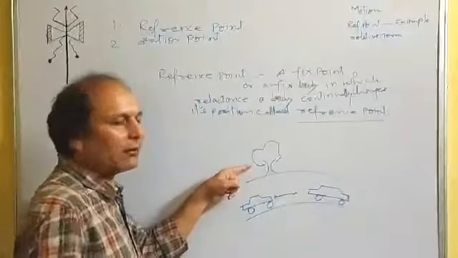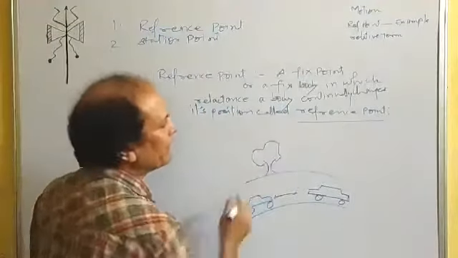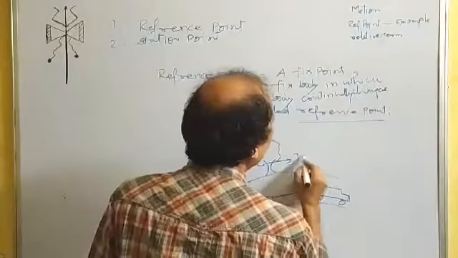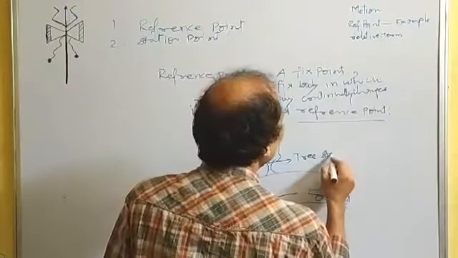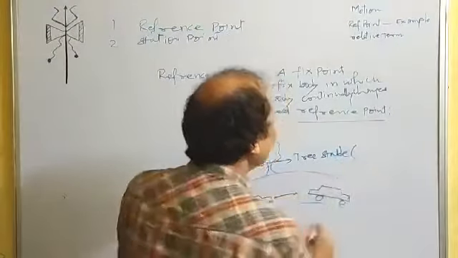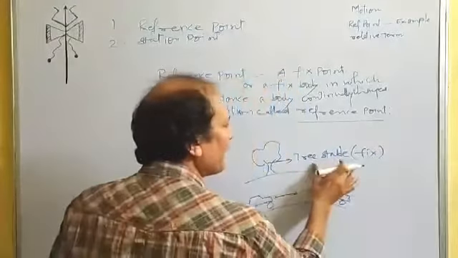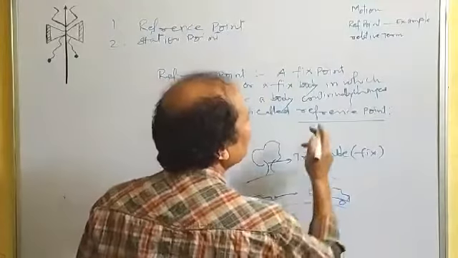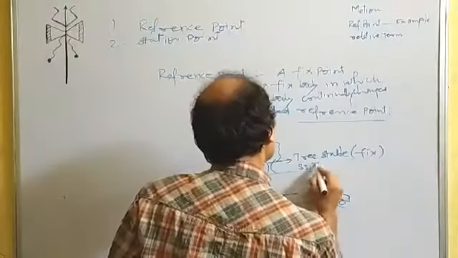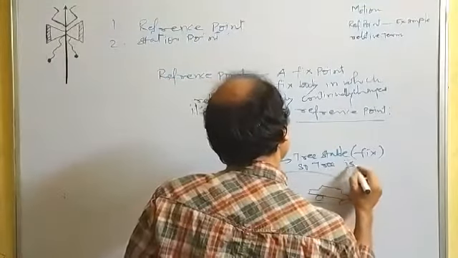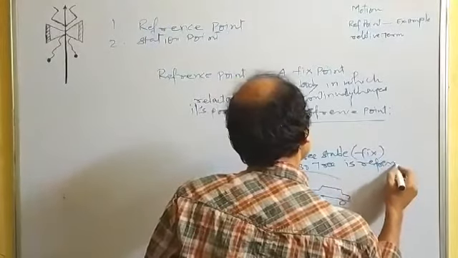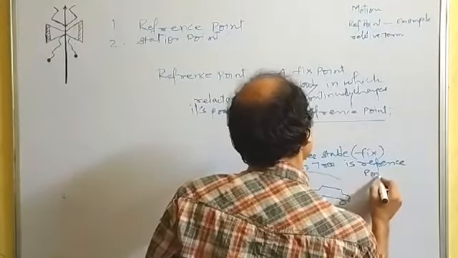But the tree is fixed. Tree is stable. So we can say that this tree is fixed at a place. So we can say tree is the reference point.